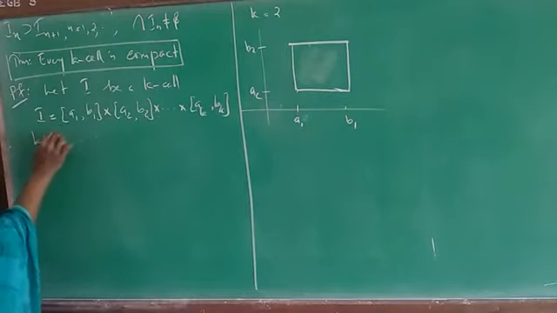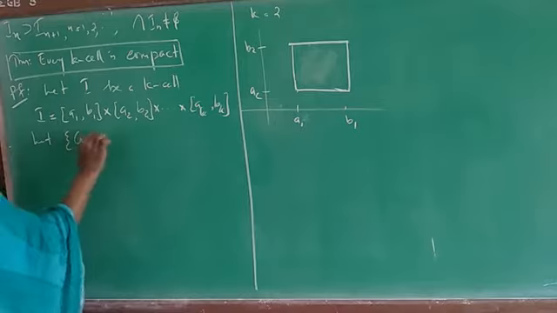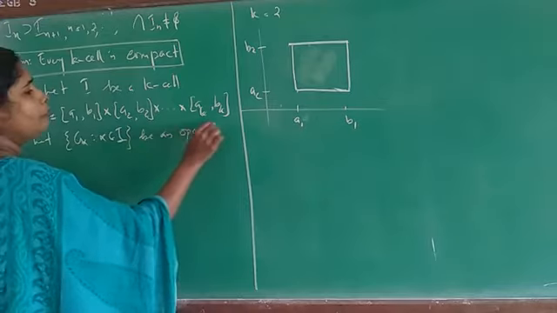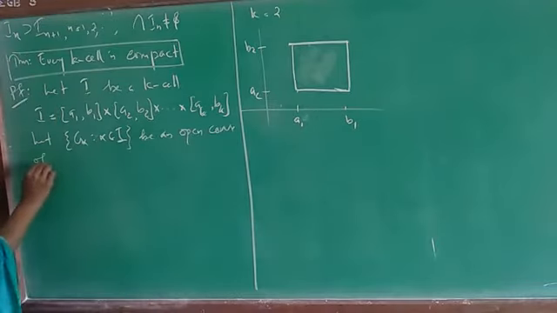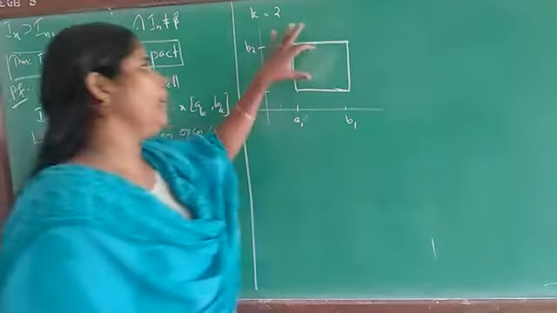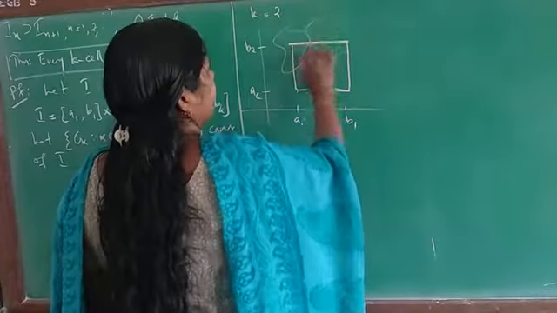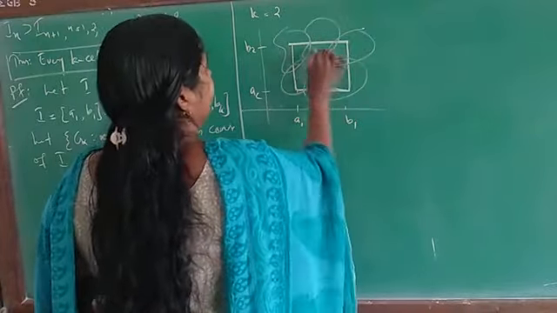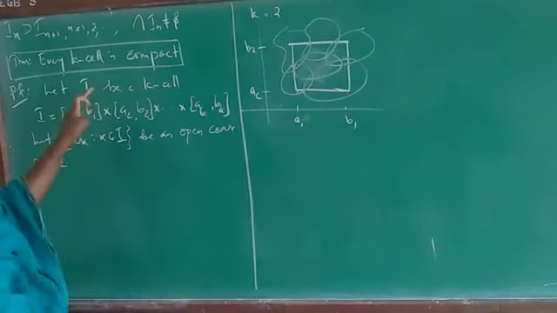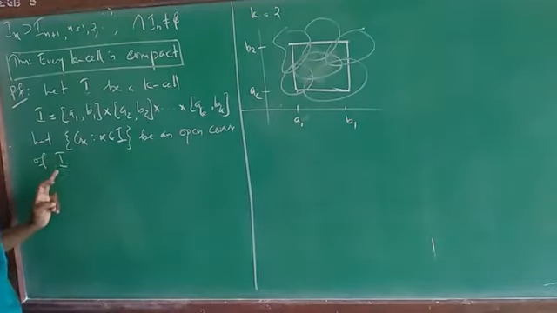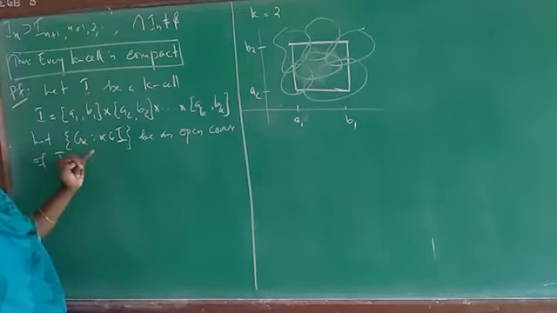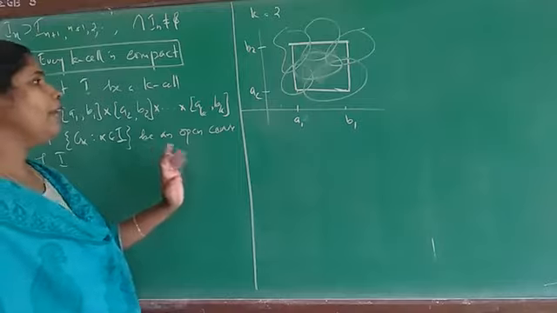Let G_alpha, where alpha belongs to some index set, be an open cover of I. That is, we are considering a collection of open sets that covers the K cell I. We want to find a finite subcollection of G_alpha covering I.